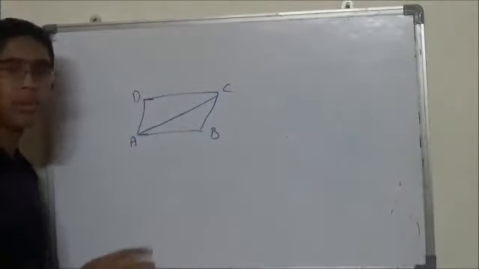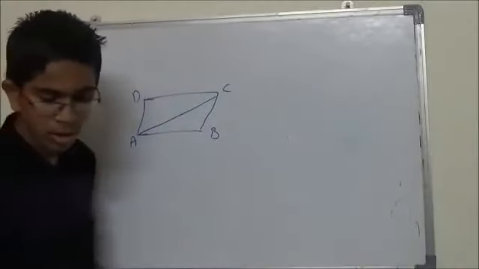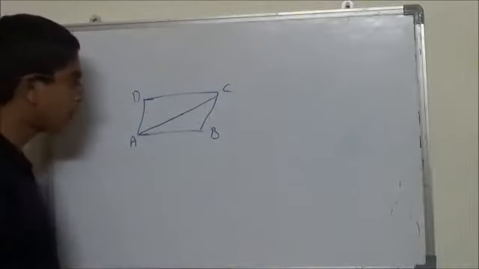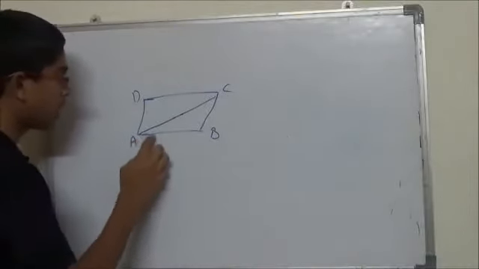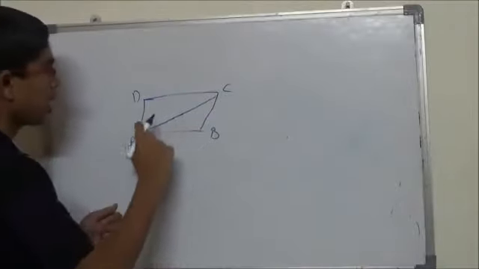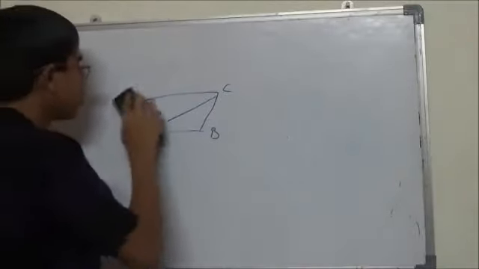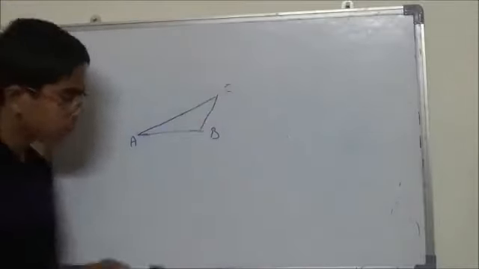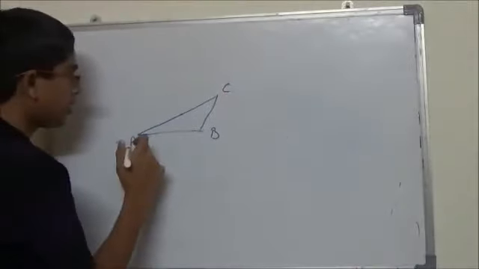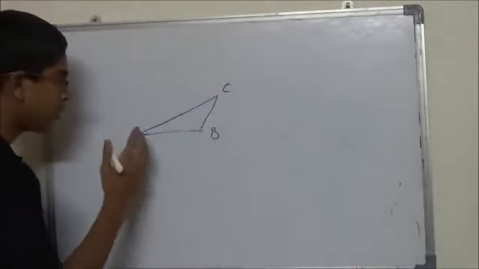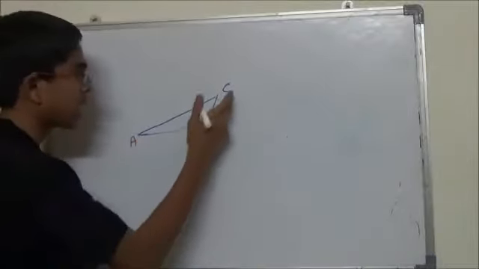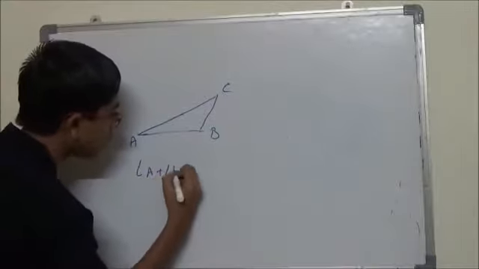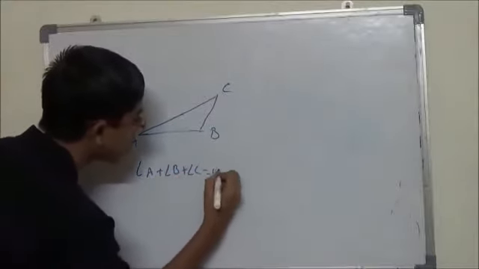Now let's prove the angle sum property of the quadrilateral. We all know that the angle sum property of a triangle is 180 degrees. In triangle ABC, let's take only this triangle. Let's not worry about the other triangle right now. In this triangle, the angle sum property says that angle A plus angle B plus angle C is equal to 180 degrees.